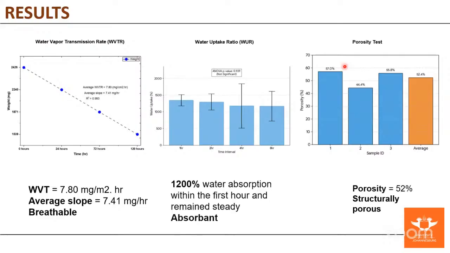And then our porosity tests showed that the fibers were about 52% porous, which if you consider the intent behind these fibers, it's for wound healing purposes. A higher porosity means a greater exchange of oxygen and other material that needs to be exchanged.